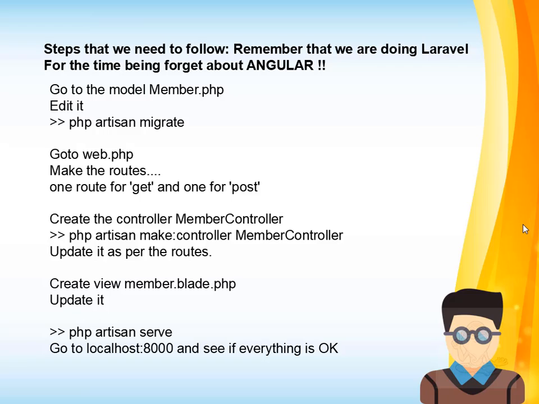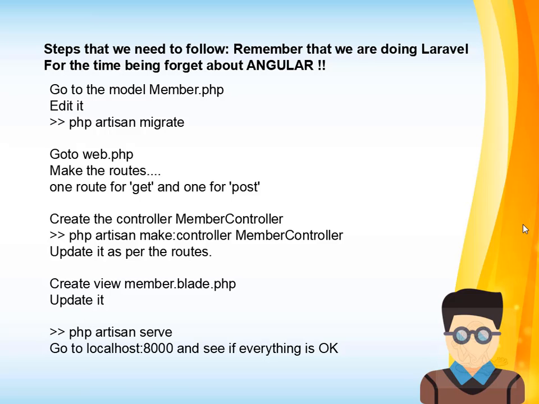I know I did a very hurried reading of this material, but you can pause the screen at any time and read the steps or write in your notebook and then see what I am doing on the screen. I just read it for you to understand that this many steps are needed to make the backend working for Angular to take over later.